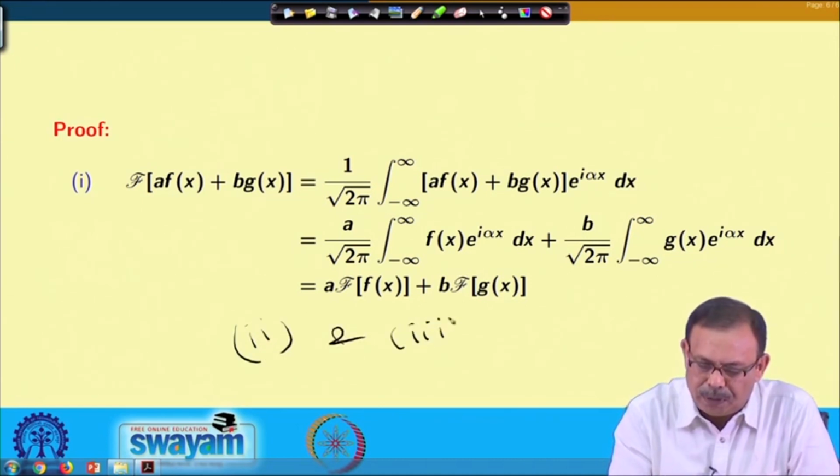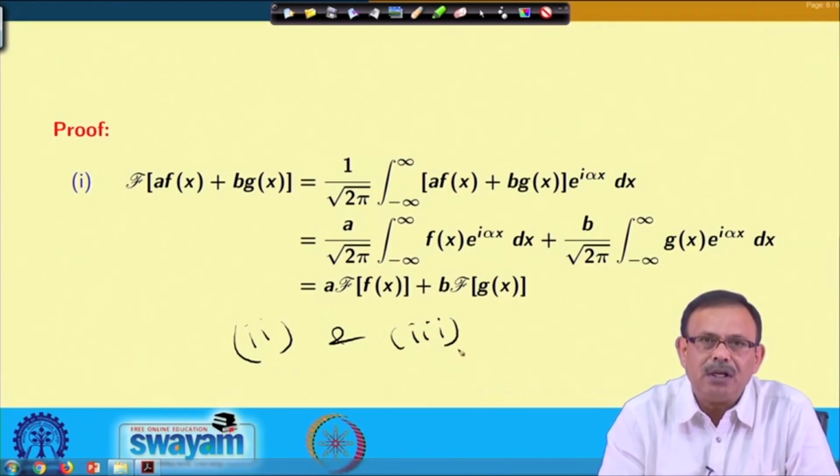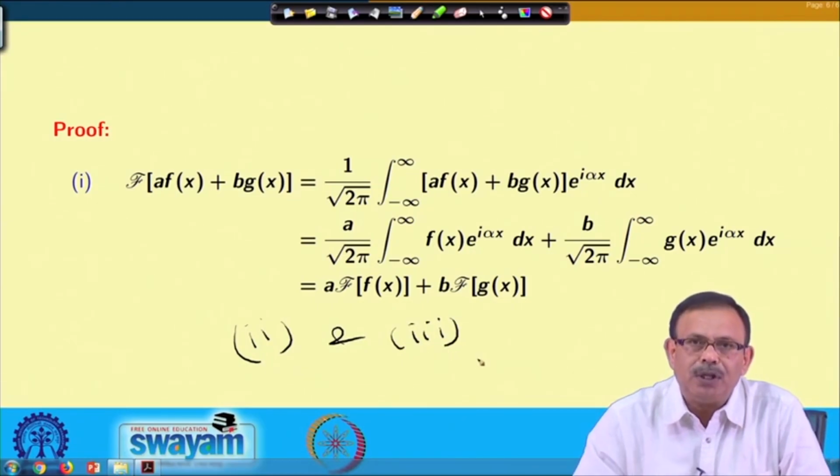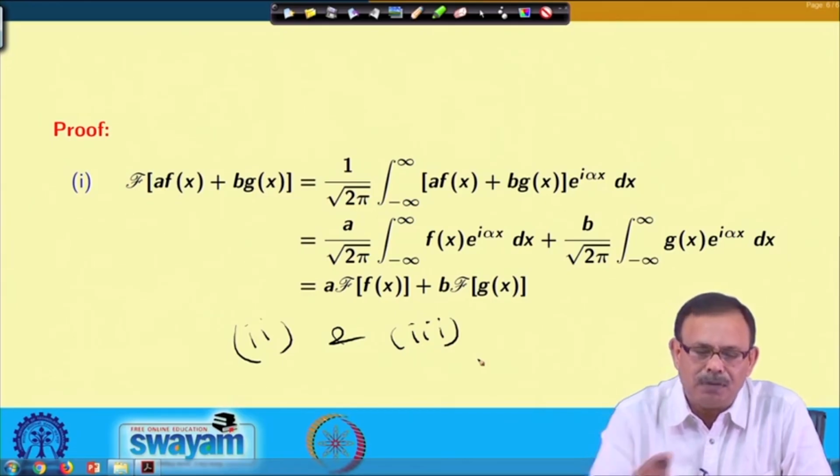I am not giving you the proof of these 2 and 3, because 2 is your Fourier cosine transform of f x plus g x equals a into Fourier cosine transform of f x plus b into Fourier cosine transform of g x.